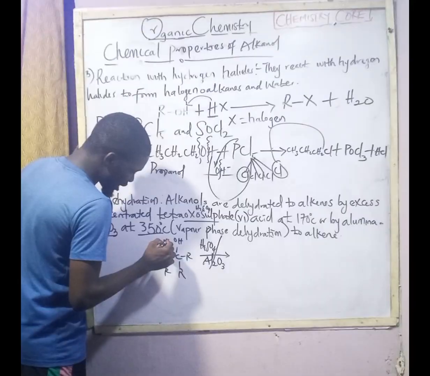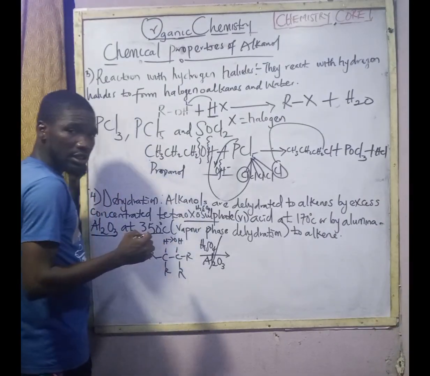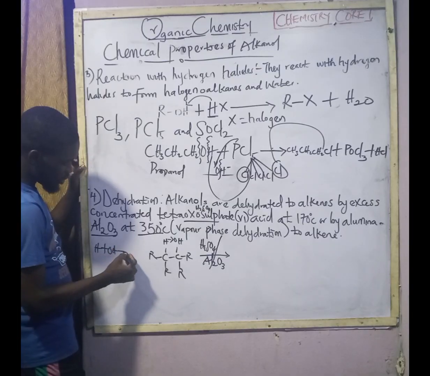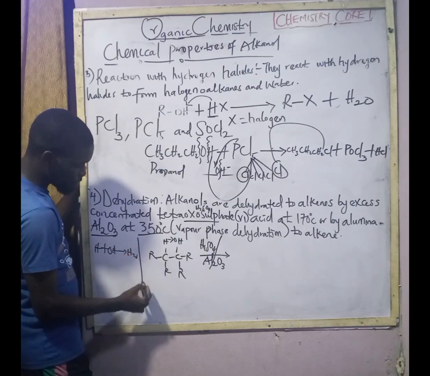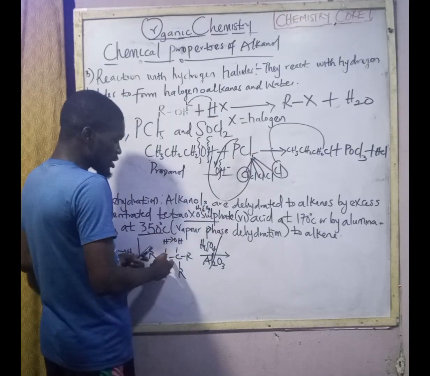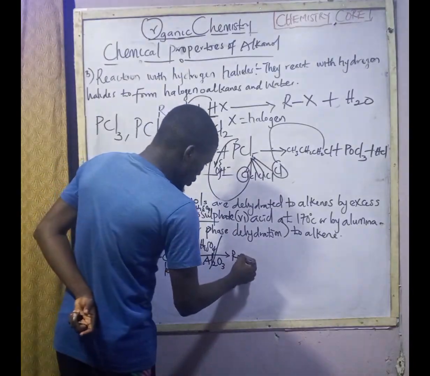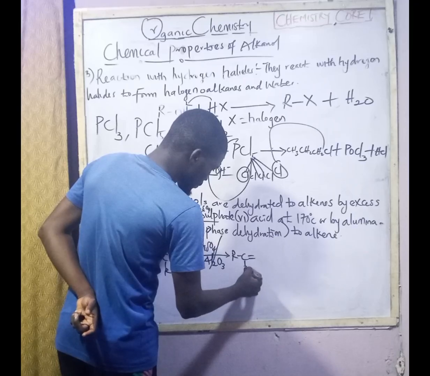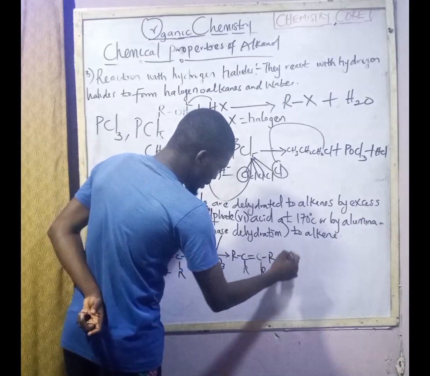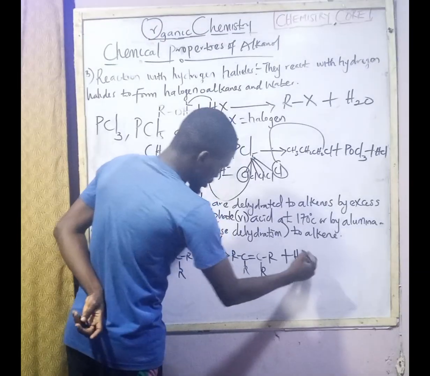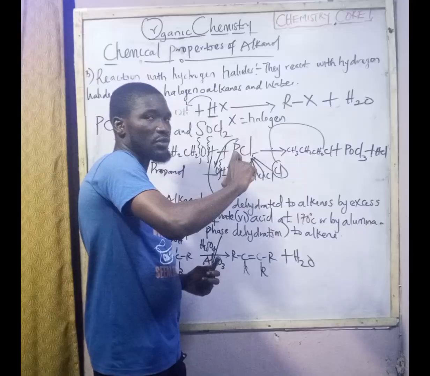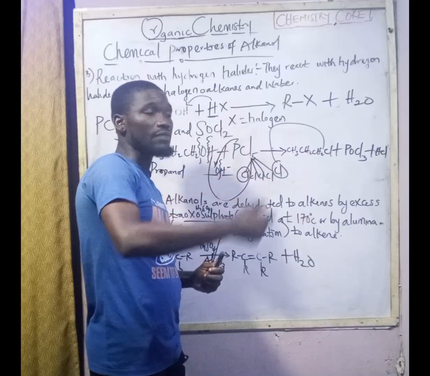When H and OH react together, we only are going to have what? Water. So for you to have removed this H here, this single bond, we'll be having C double bond, and we also have the R here, plus what? Water. So with sulfuric acid at 170, with alumina we have 350.